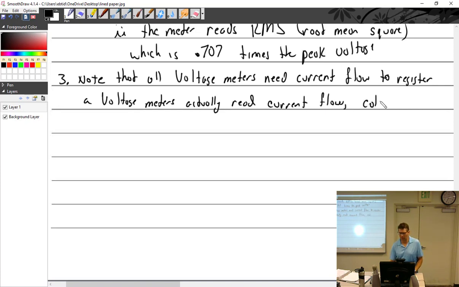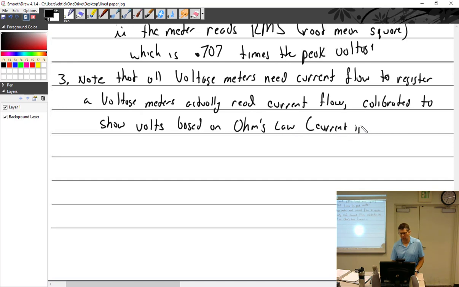Calibrated to show volts based on Ohm's law. You may have heard of that before, which is current is proportional to voltage.